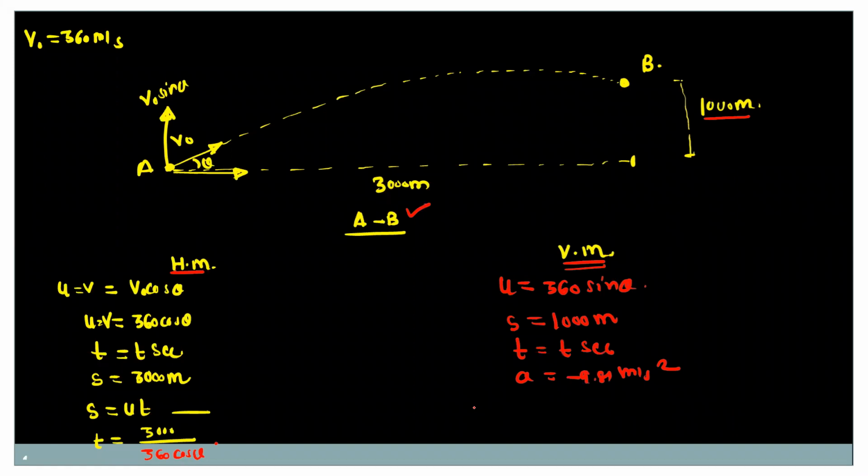So we can use displacement S is equal to ut plus half AT square. So we have S is equal to 1000, initial velocity is 360 sin theta into time t minus 1/2, 9.81 into t square.